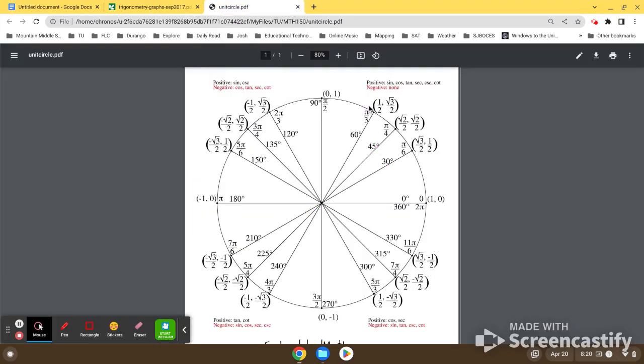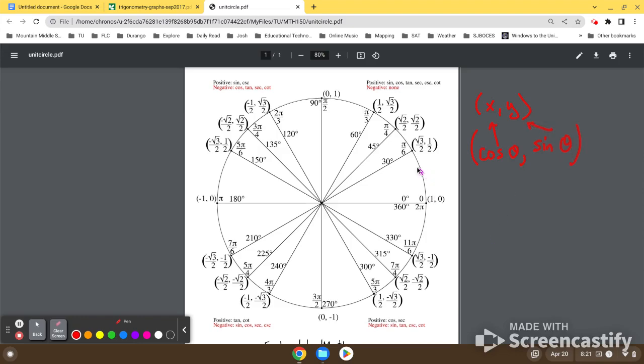One thing I want you to add to your unit circle printout is that we have an ordered pair x and y. When we look at that ordered pair, the cosine of theta is always going to be equal to the x value, and the sine of theta is always going to be equal to the y value.